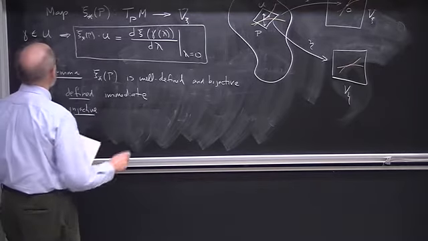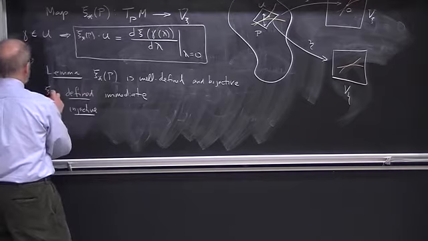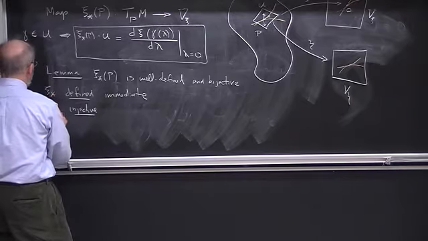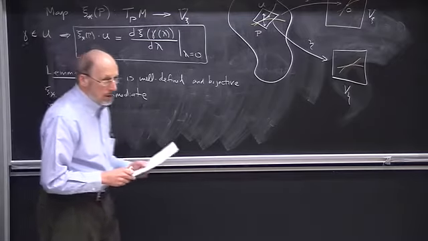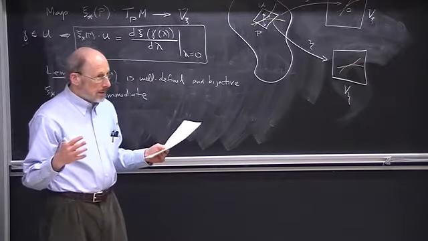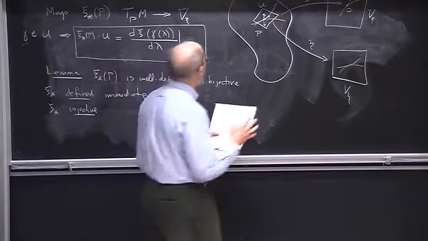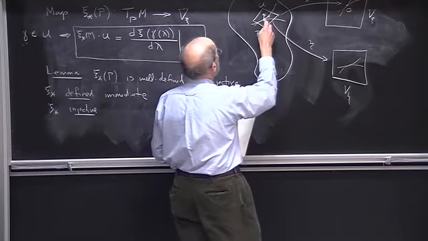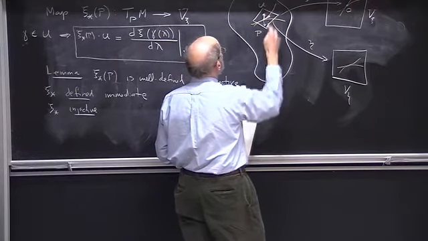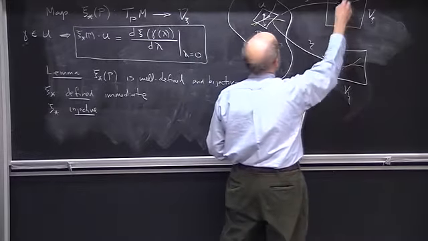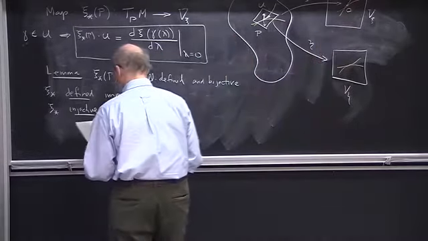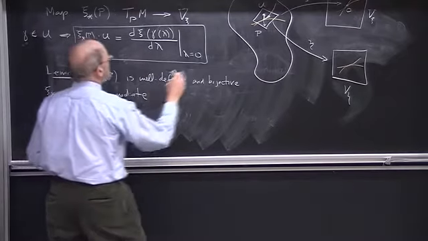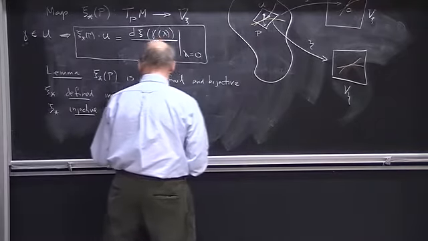Almost as trivial. I want to show that this map, so this is saying that C star is defined. Now I want to show that C star is injective. So what does that mean? That means that if I have two distinct vectors here, then they go over to two distinct vectors in V. If that weren't true, then we obviously lose information about the vectors.